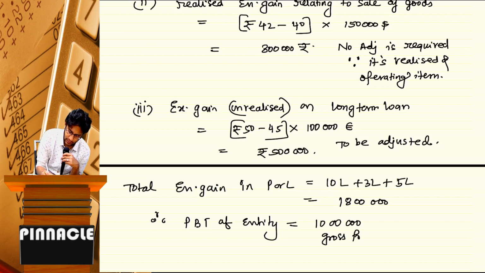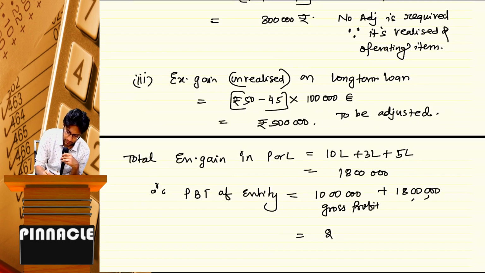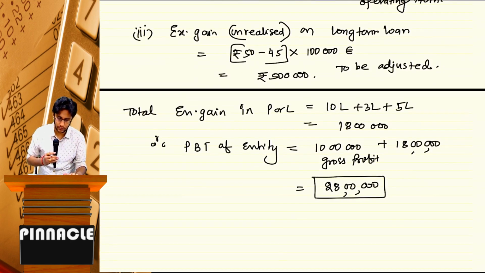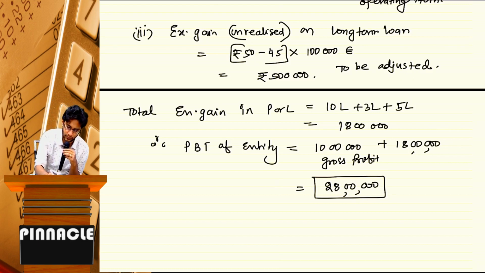10 lakhs is gross profit, sir. To this 18 lakhs exchange gain also, if I add, my P&L account must be reflecting 28 lakhs PBT. Put that in the statement of cash flow.